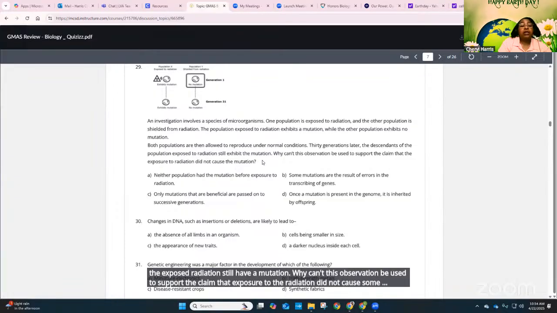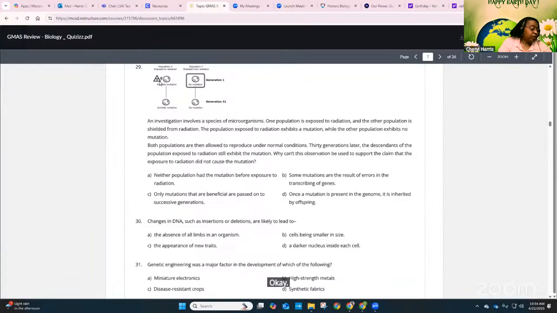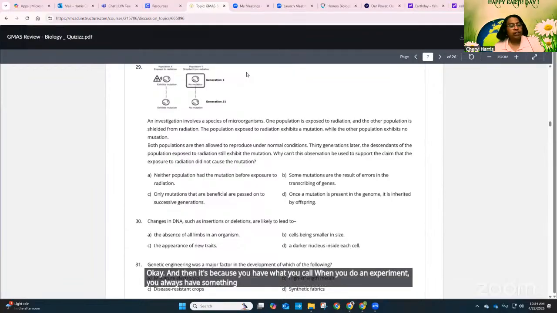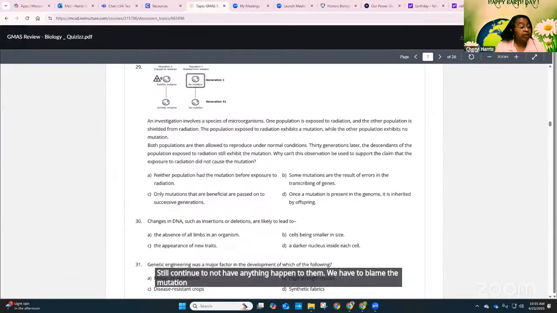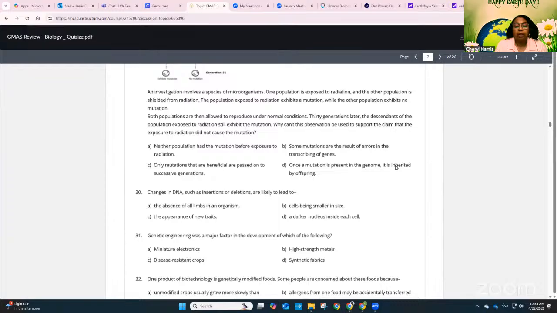Okay. And then it's because when you do an experiment, you always have something. If you make a change, you have to have something to compare it to. So you have to have a group, your control group, where you don't make any change to it at all. All right. So because the ones that didn't have anything happen to them still continue to not have anything happen to them, we have to blame the mutation on the fact that they were exposed to the radiation.